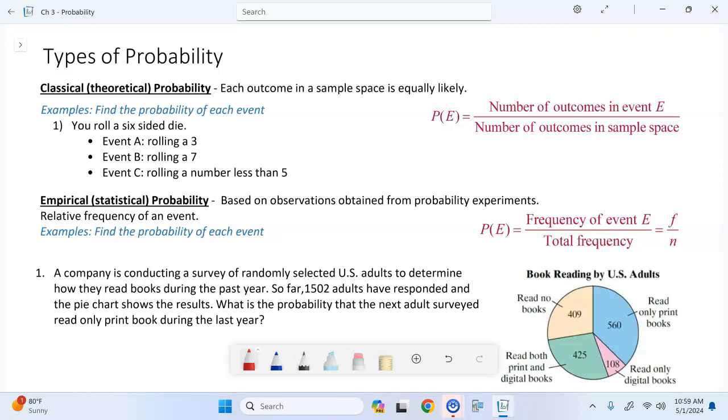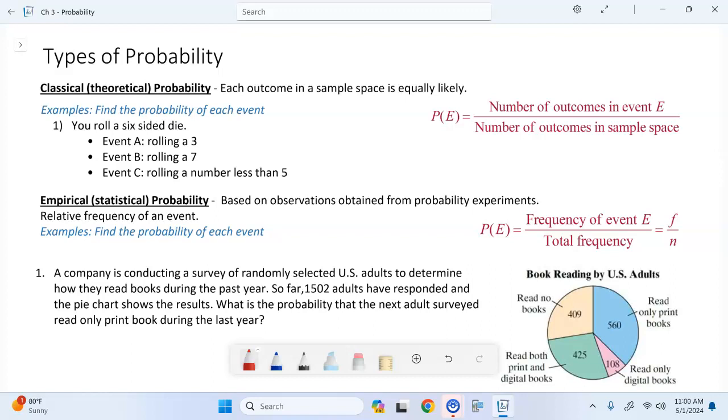So classical is the most basic level of probability, the first thing that we look at whenever we're looking at probability for the first time in our lives, where each outcome in a sample space is equally likely. There's nothing that's going to change your chances of getting a specific outcome. Flipping a coin, rolling a die, spinning a spinner on the roulette wheel.